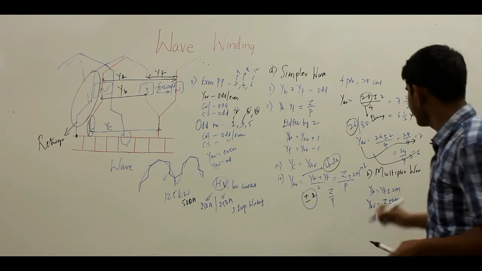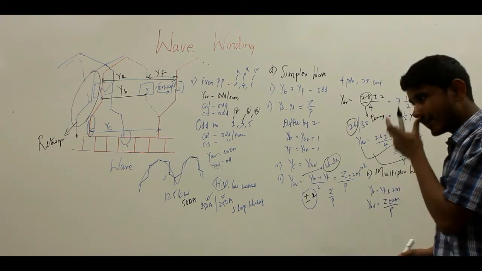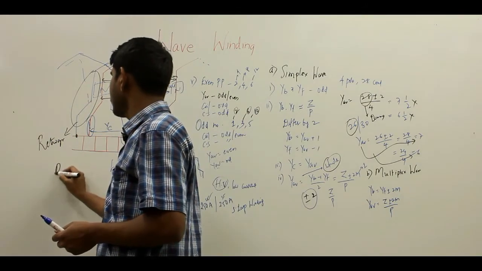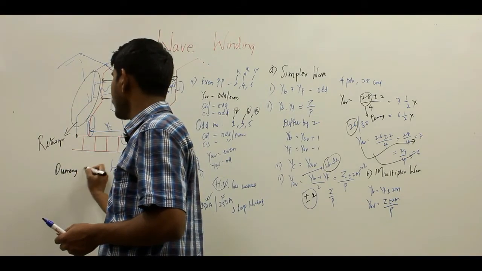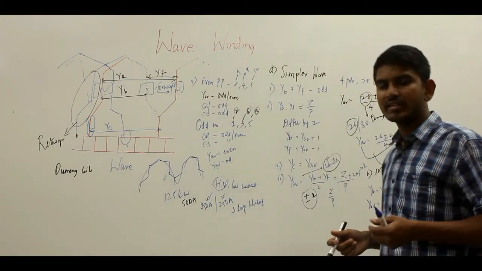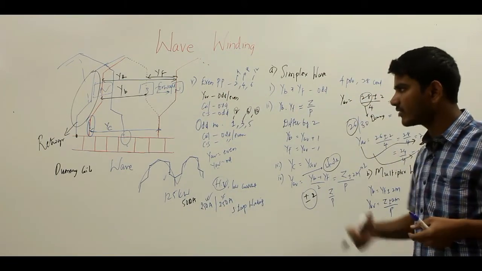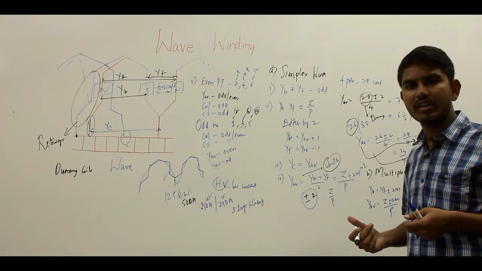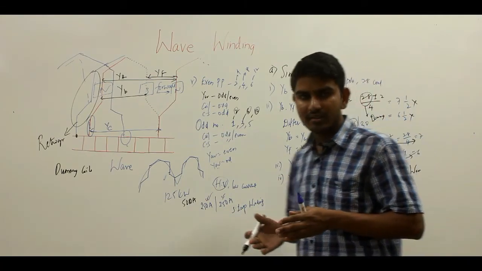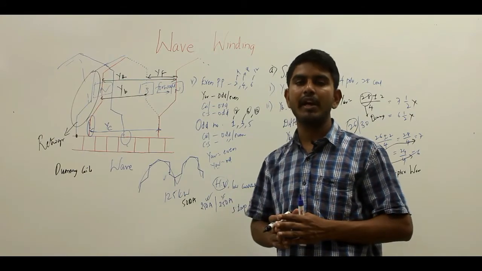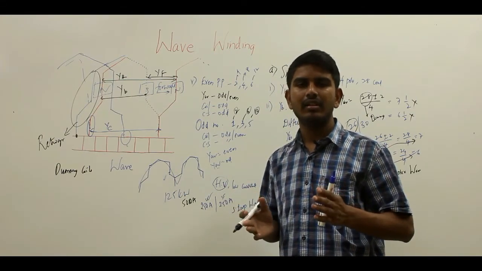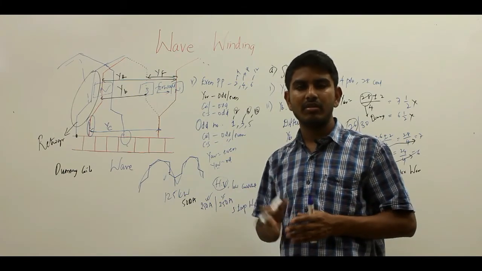So this is about the multiplex wave winding, and here I shall talk about the dummy coils. So dummy coils are required here in the wave winding, whereas equalizer connections are required in the lap winding, because in the lap winding you can see the number of parallel paths will be under one pole pair, and there will be differences in the potential of the parallel paths, and there will be circulating currents.